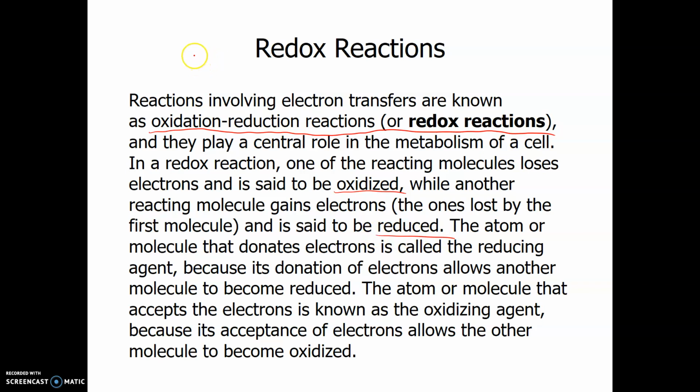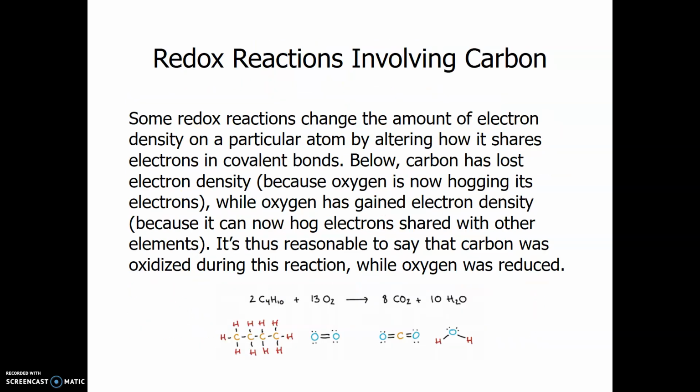I learned this years ago, a little mnemonic device, OIL RIG, and what that stands for is oxidation is loss of electrons and reduction is gain of electrons. So when a molecule is oxidized, that molecule loses electrons. When a molecule is reduced, that molecule gains electrons. And so redox reactions are going to come up in this chapter.